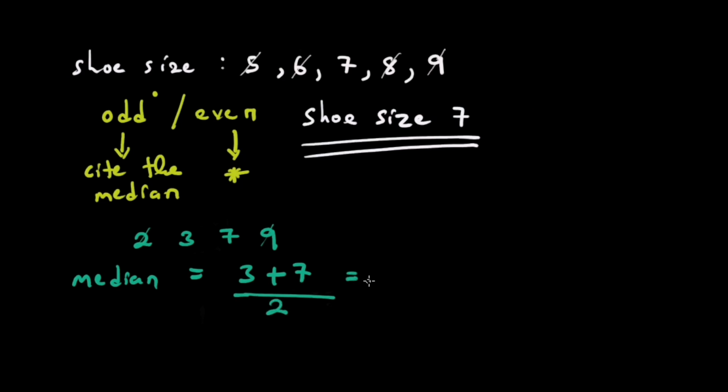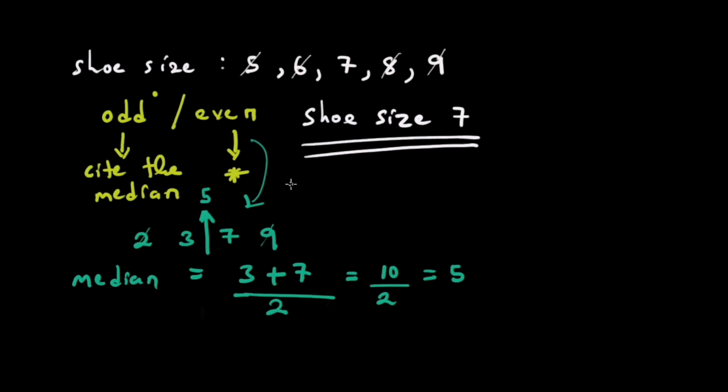So what is 7 plus 3? 7, 8, 9, 10. That's 10 over 2 to give us 5. That means the median lies between 3 and 7, and it's what? It's actually 5. That is what we do if the number of elements is even when we count them.